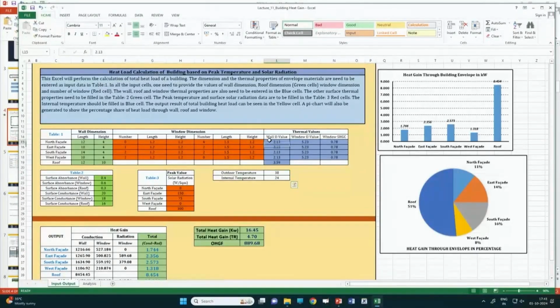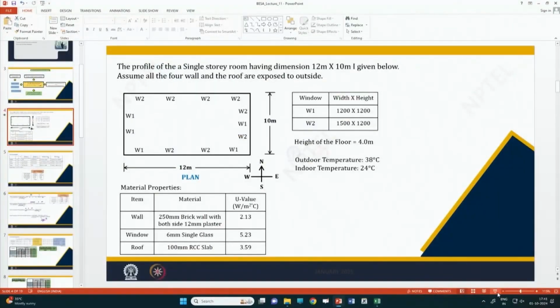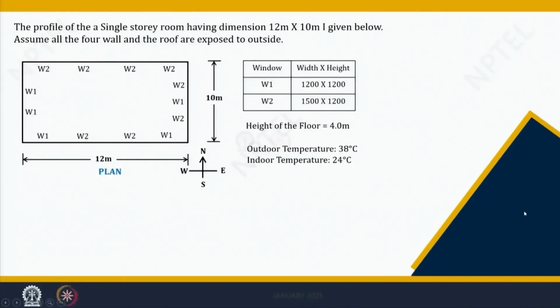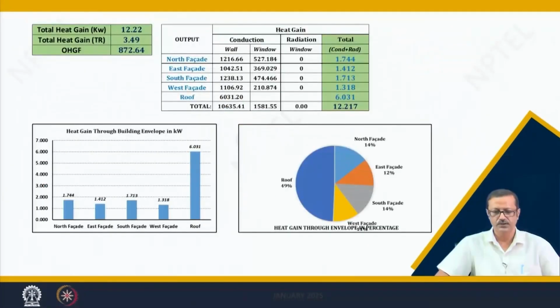And this is the place where you can put the U value of the wall, the U value of the roof, and the U values of all the windows. SHGC values we will take in the next part. So in the PowerPoint presentation now, we have this chart ready.